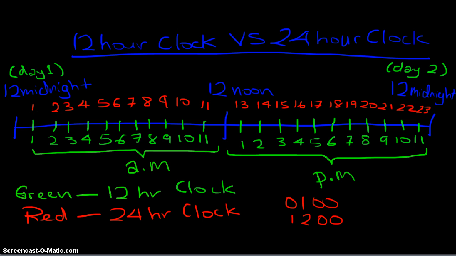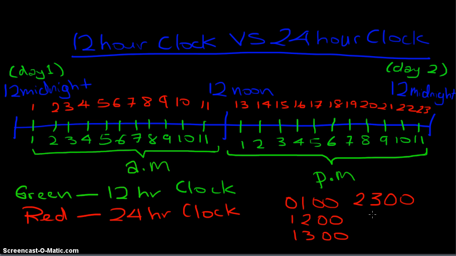So this is 0100, 0200, 0300, 0400, 0500, 0600, and so on, up until you hit 1200. After 1200 it becomes 1300, then 1400, 1500, 1600, all the way up to here.